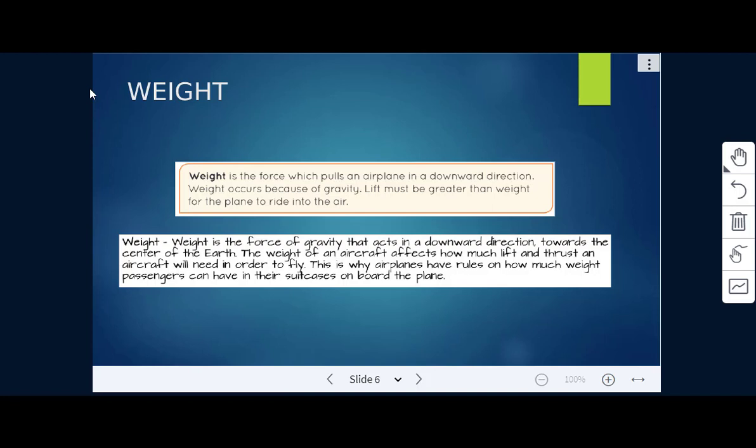Weight is that downward force of gravity towards the center of the earth. The weight of an aircraft affects how much lift and thrust will be needed in order to fly. That's why airplanes have rules on how much weight passengers can have in their luggage when boarding the airplane.